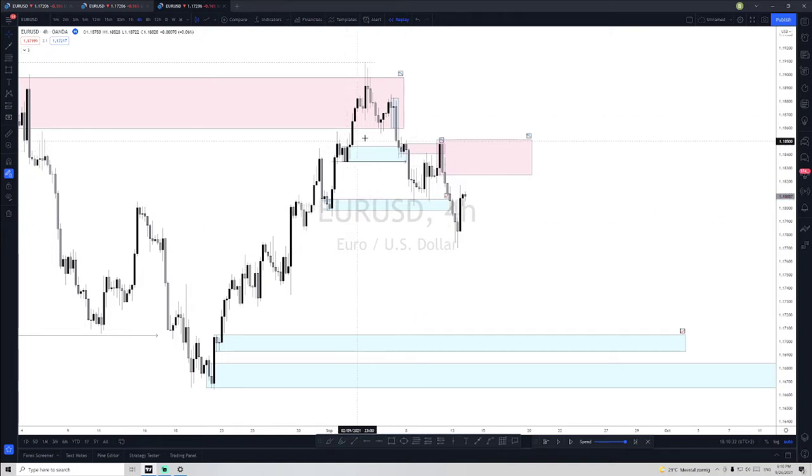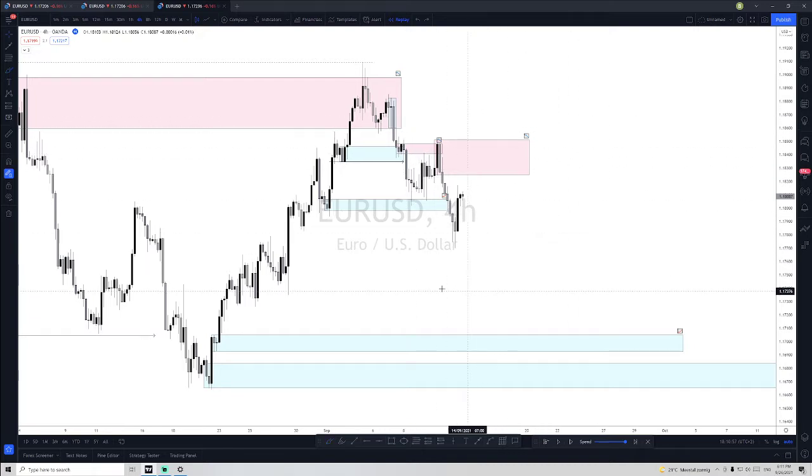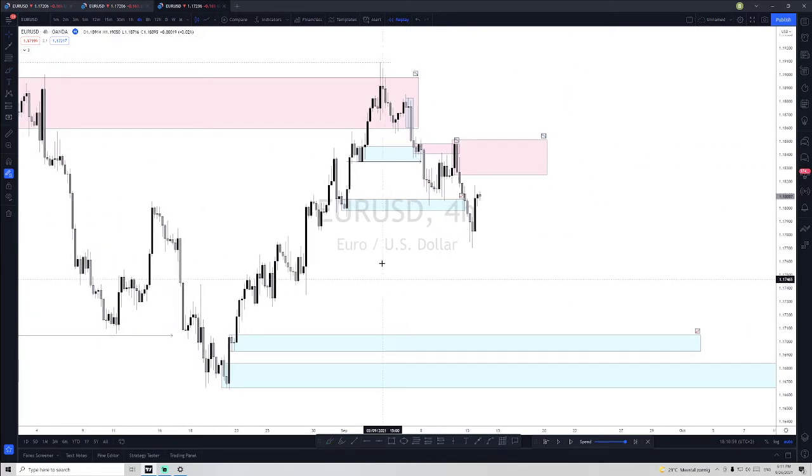We have two areas of demand that did create a reaction, but weren't strong enough to break to the upside and continue the bullish character. And we have structure points that are being broken. This is a structure point for this inner structure, and this was a structure point for this one.